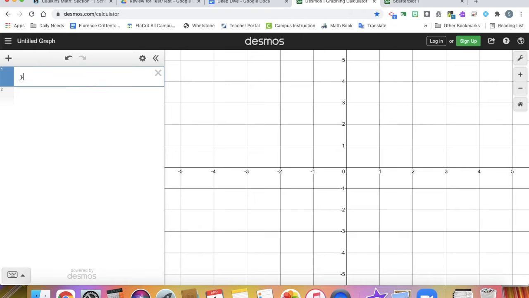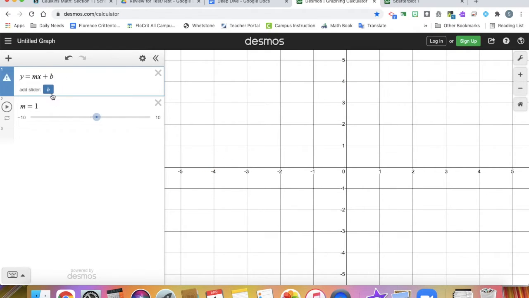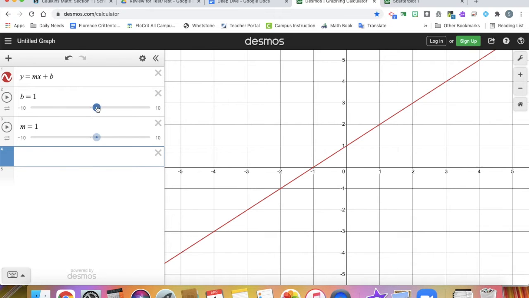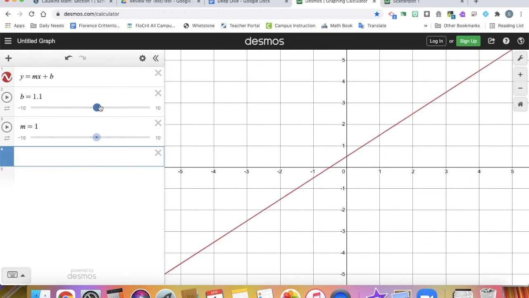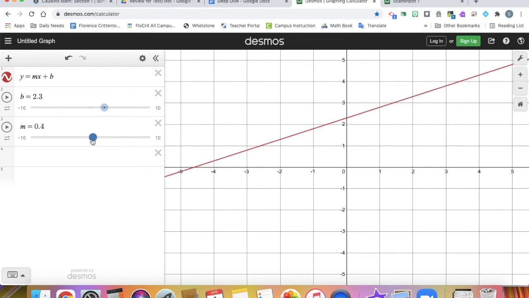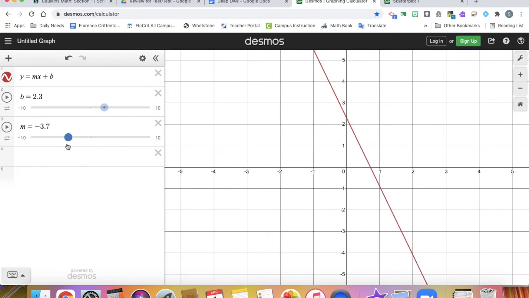Like if you work here, this is a linear because here's your mx plus b part. Actually, I could put an m right here and add a slider, and then put a b right here and add a slider. And I can slide around, like my b moving up and down takes my line up and down, and then changing my m changes the slope and the steepness of that line and what direction it's going in based on the slope.